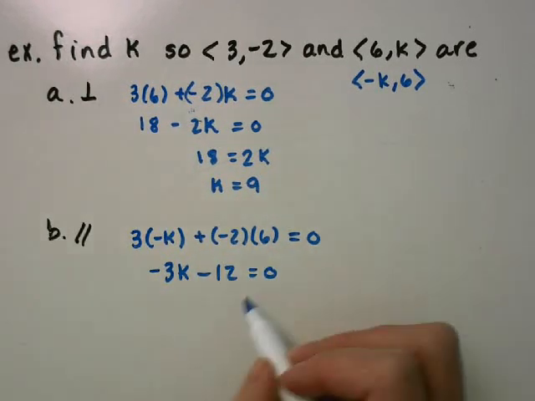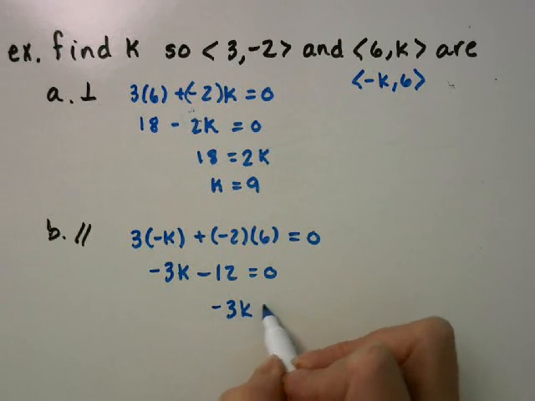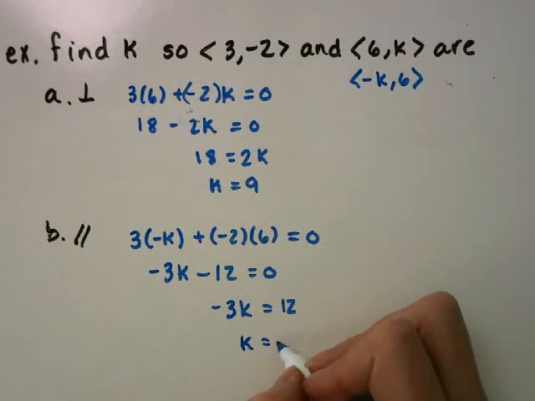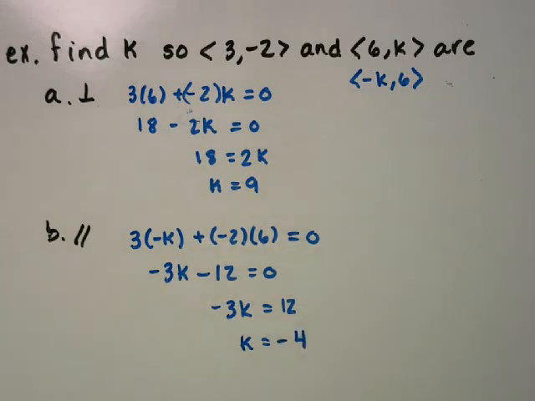So -3k minus 12 equals 0. -3k equals 12. Okay. So k is -4. So that is vectors on the coordinate plane and applying that to parallel and perpendicular vectors.